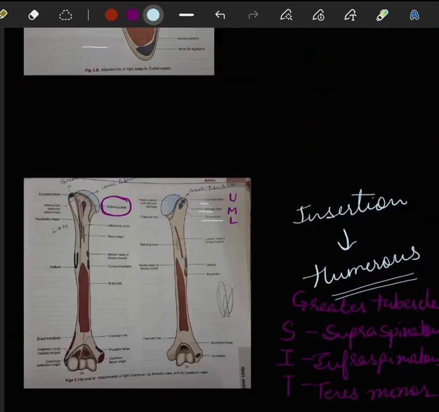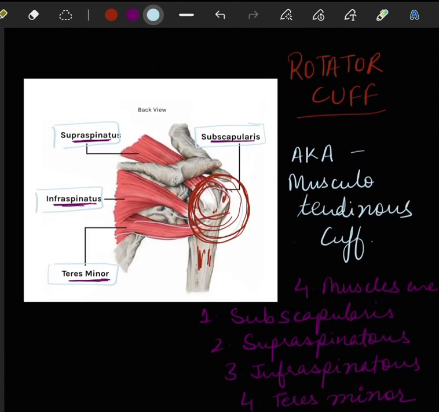Let me show you this. See, as you can see, all the tendons are helping to stabilize the capsule and the head of the humerus. This is the head of the humerus, stabilized superiorly and laterally and medially. Nothing is stabilizing inferiorly.